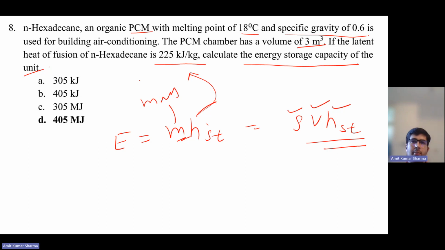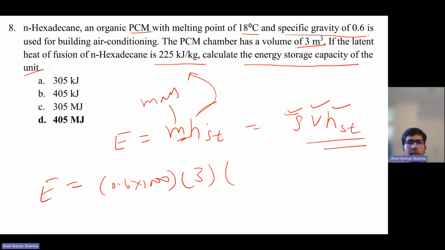Okay. So we have specific gravity as 0.6. So for density, we can multiply it by 1000. Okay. So the stored energy capacity will be, so the density will be 0.6 into 1000.